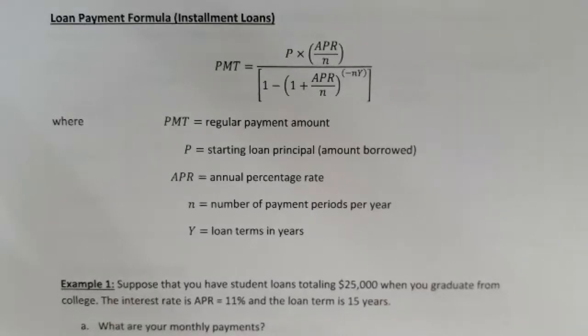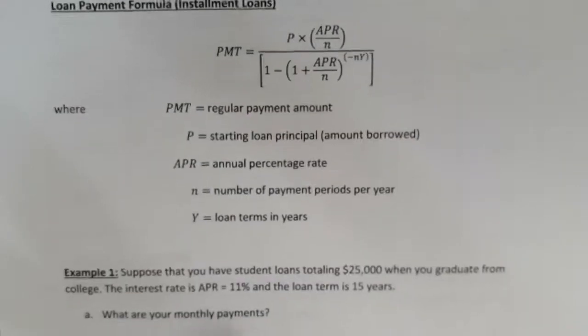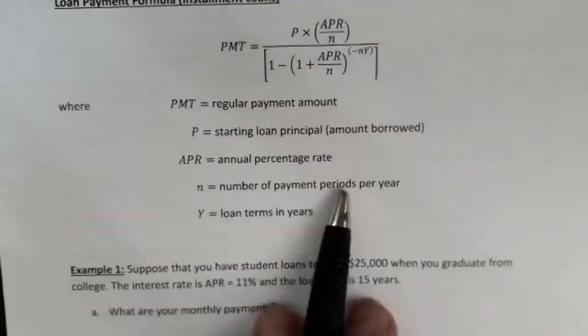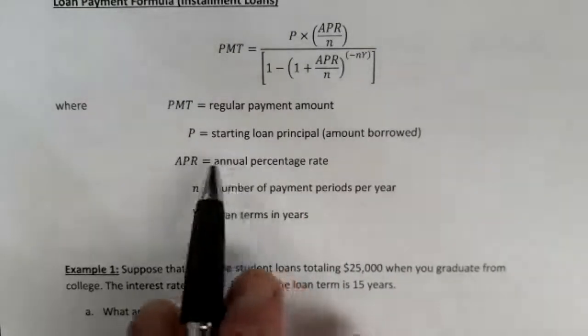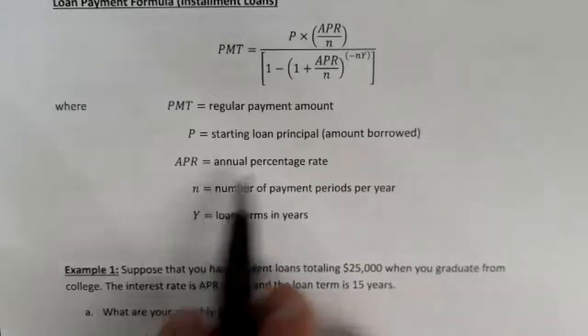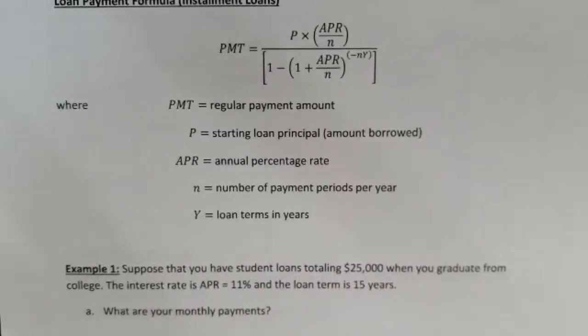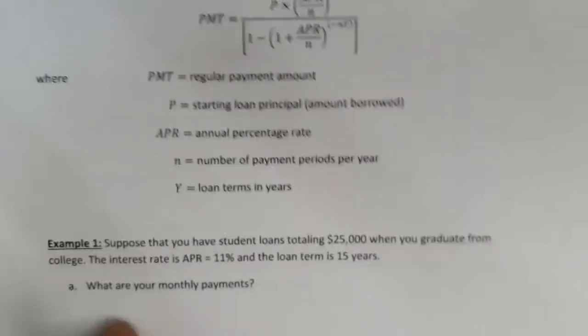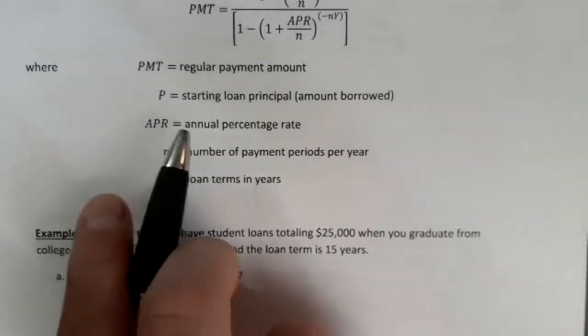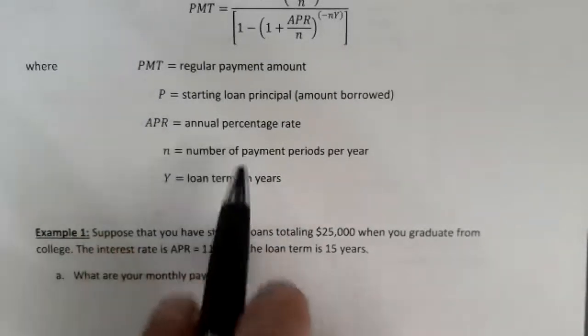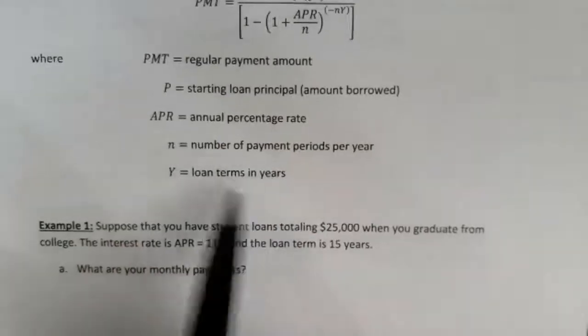My APR is my annual percentage rate, N is the number of payment periods per year. This changes a little bit with the wording maybe for each formula. We start with the number of compounding periods. We start with the number of payment periods when we start doing payments, right? And then the last thing is Y, the loan term in years. So these are both time variables, but you have to pay attention. This is the number of payments per year, and this is the number of years.